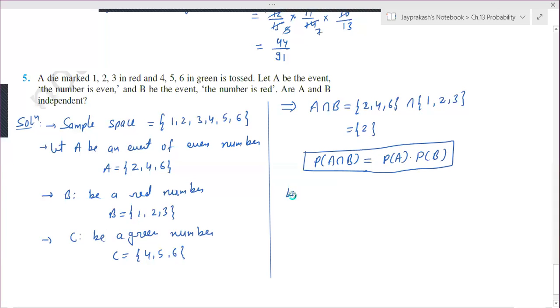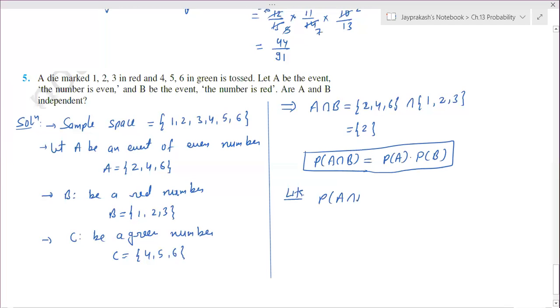So let's first find the LHS part. That is probability of A intersection B. Now A intersection B contains one element, so it's 1 by total 6, 1 by 6.